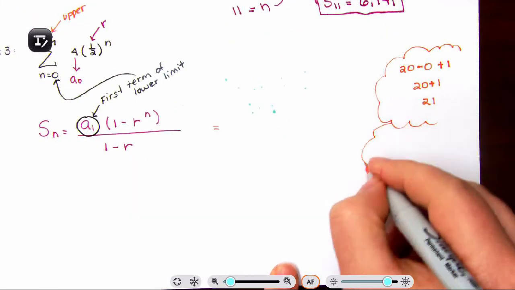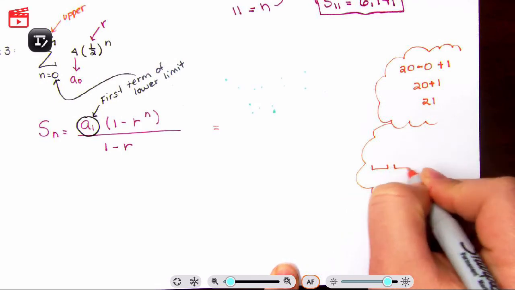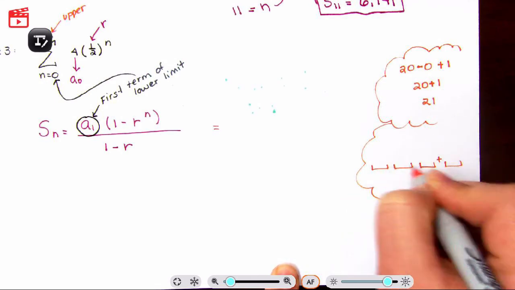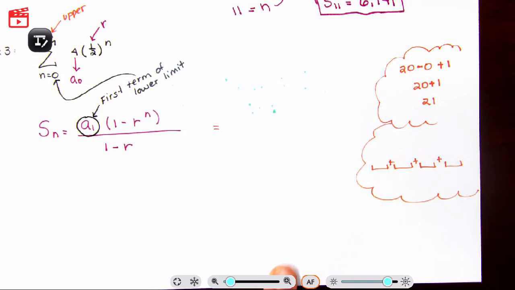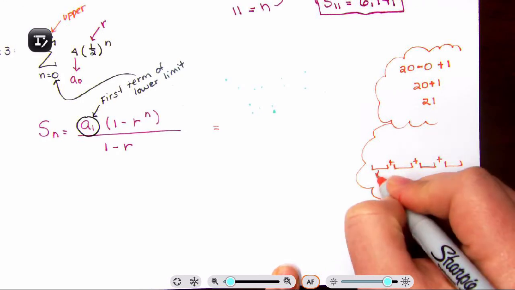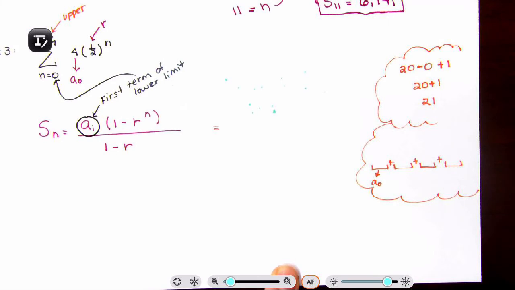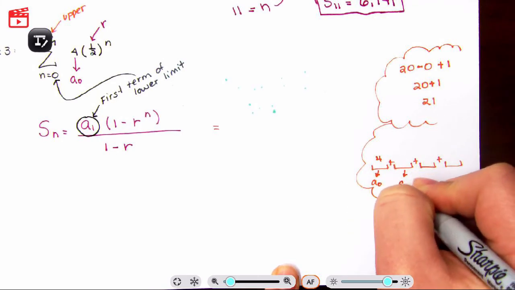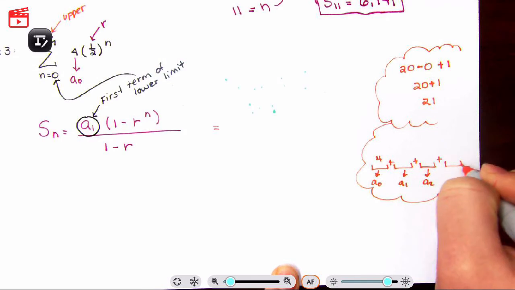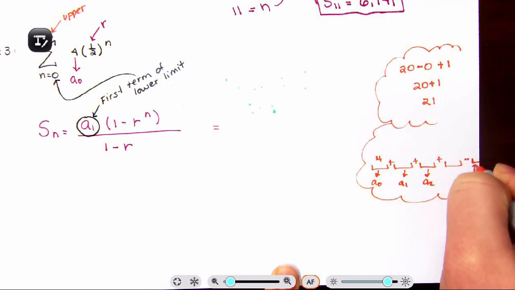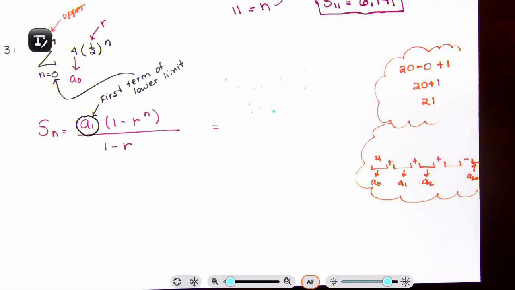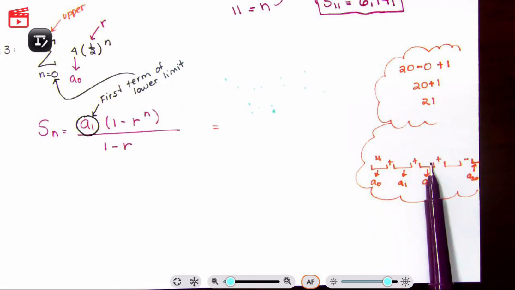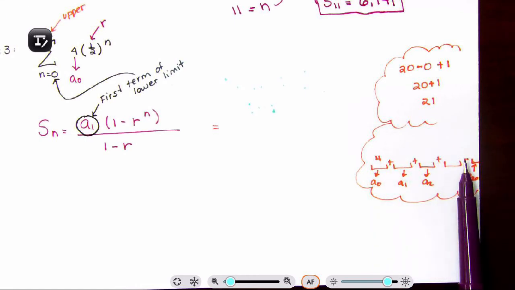Let's do another quick thinking bubble. Let's say I have my sequence, and here it became a series because I'm adding them. In my a sub 0 position, I have 4. Then I have my a sub 1, a sub 2, and this is a sub 20. When I'm asking how many total terms you have, I'm asking you to count 1, 2, 3, 4, 5, 6, 7, 8, 9, 10, 11, 12, 13, 14, 15, 16, 17, 18, 19, 20, 21.